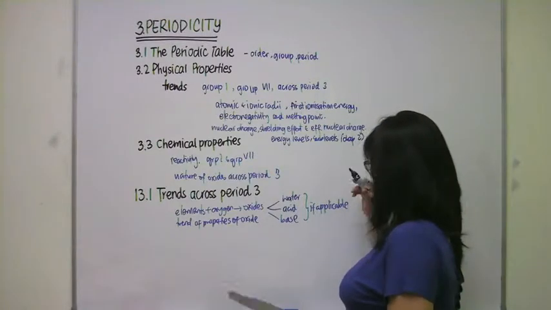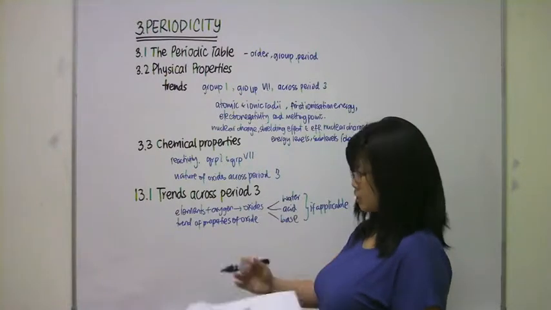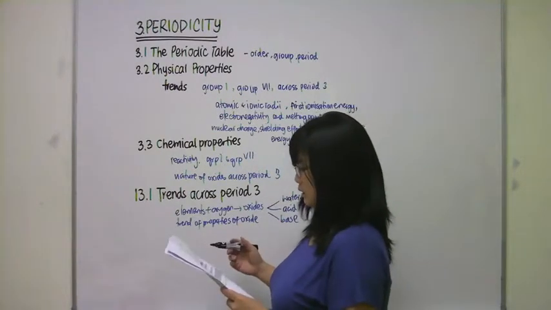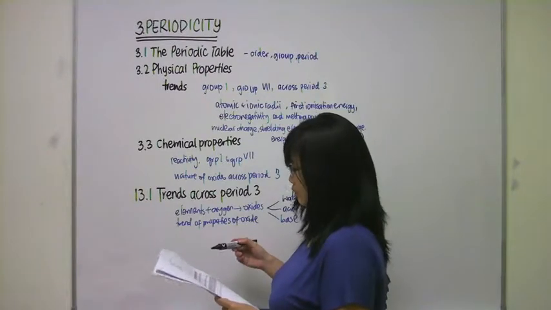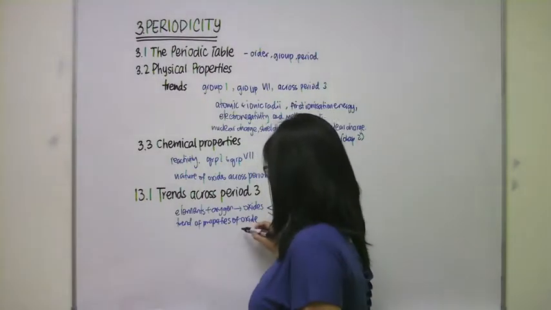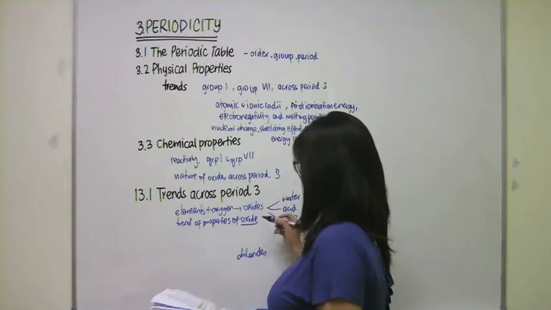Again, all the reactions are given in the notes, okay. Another thing that the students need to know about will be the trends of these oxides. They also need to know about the chlorides, okay.